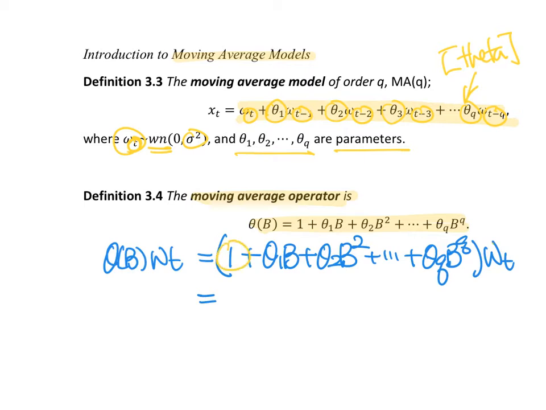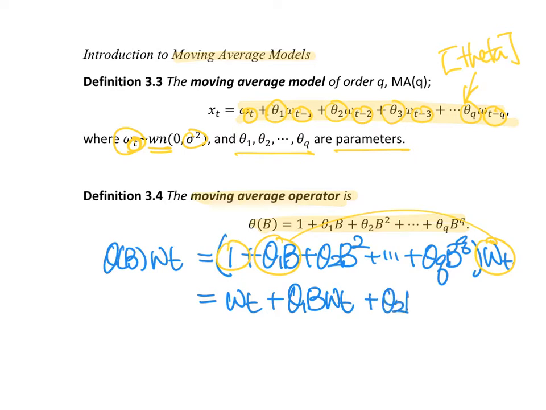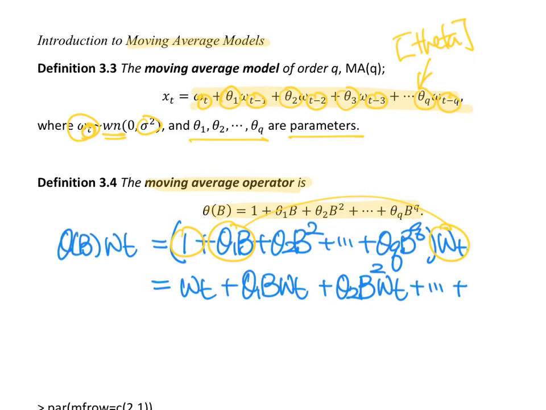So 1 and white noise will be W_t, and theta 1 B and W_t will be theta 1 B W_t, and the next one is theta 2 B square W_t, and the last one will be theta q B^q W_t.